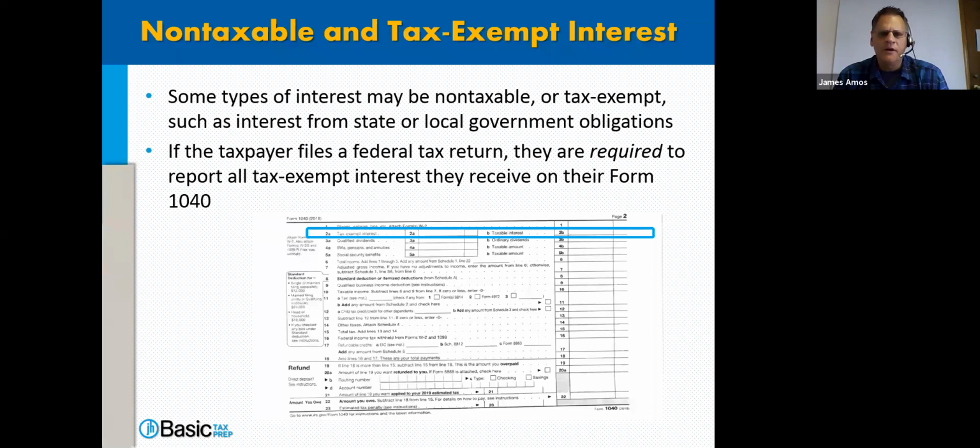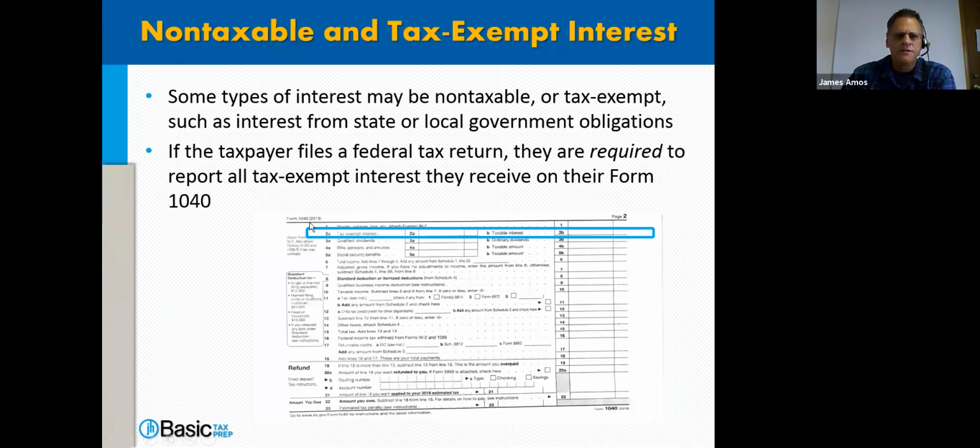Money that comes from a city or municipality or a state, I group those all as muni bonds or municipal bonds. Technically, a state bond is not a muni bond, but remember it that way. Anything that's municipal, local bonds, those are exempt from tax, okay? And they're reported right there.